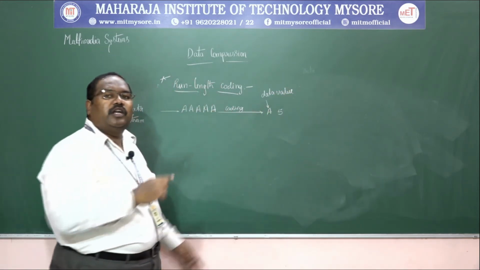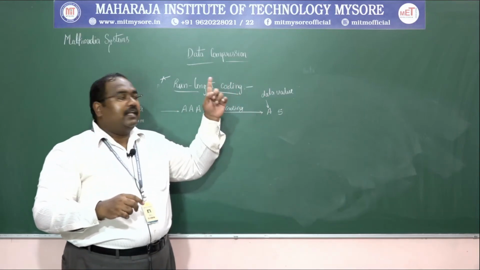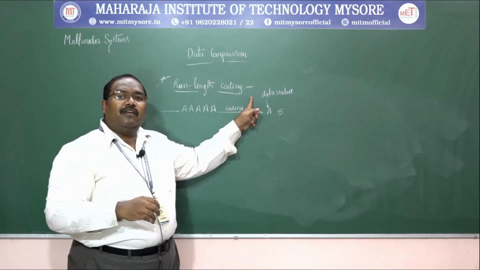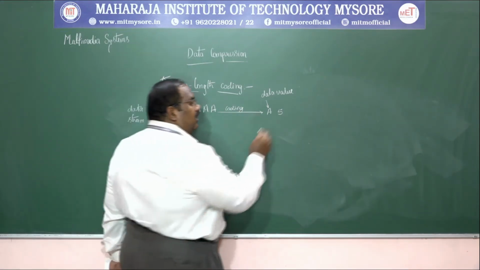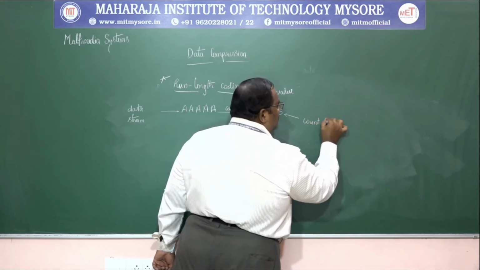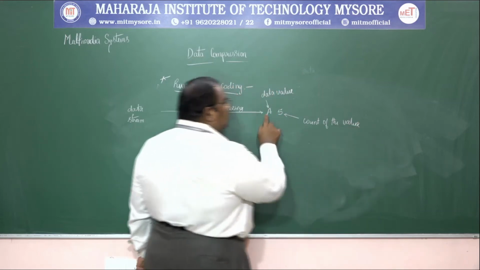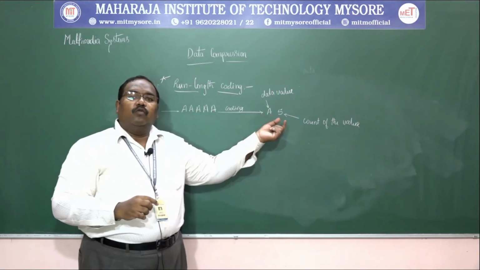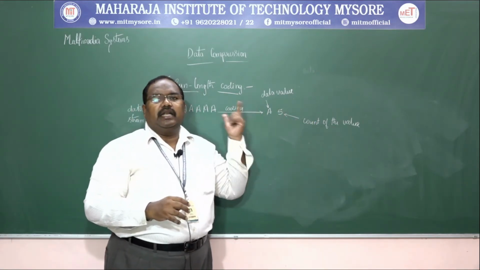Now recall what I said during the explanation of entropy encoding. I said during entropy encoding we mainly concentrate on the data value and also the count of the value. What is the count of the value here? 5. This means the data value is A and the count of the value means the 5 times that A has occurred in that data stream.